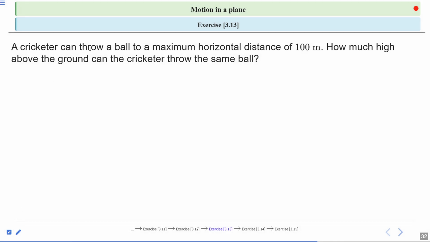A cricketer can throw a ball to a maximum horizontal distance of 100 meter. The maximum horizontal distance is 100 meter. Listen carefully. How much high above the ground can the cricketer throw the same ball? So here you have to find out the height.